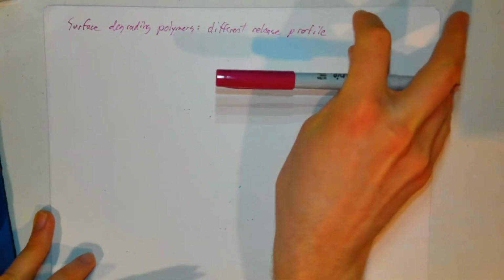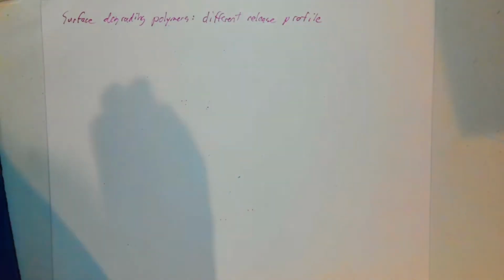And what do I mean by a different release profile? Well, let's see if we can predict this mathematically. Spoiler alert, more calculus is coming, but we'll work through it together.